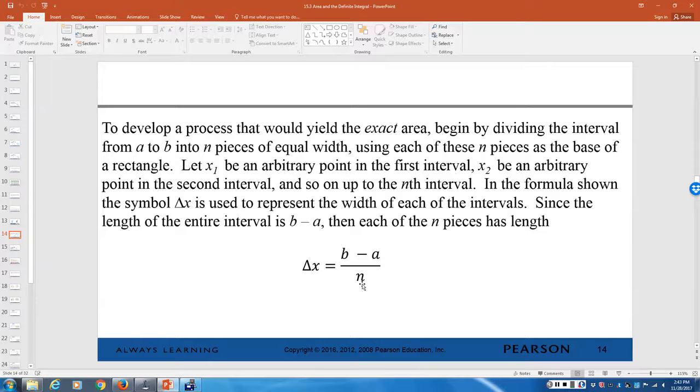Now, I hate to bring up a subject I know that none of you are fond of, but does this sound anything like a limit to you? I'm letting the change in x get smaller and smaller, and as I let that change in x get smaller, that means I have more and more rectangles, which means the improvement of my estimate gets better and better.